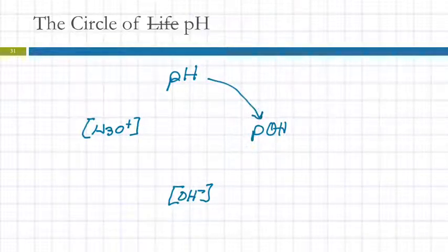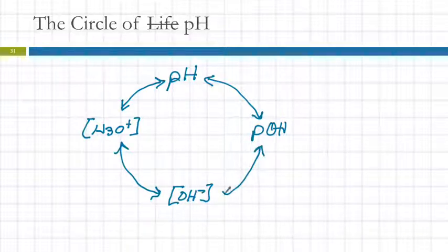We can convert between pH and pOH. We can convert between pH and hydronium ion concentration. We can convert between hydronium and hydroxide, and between hydroxide and pOH. I don't know of a relationship going directly from pH to hydroxide ion concentration.